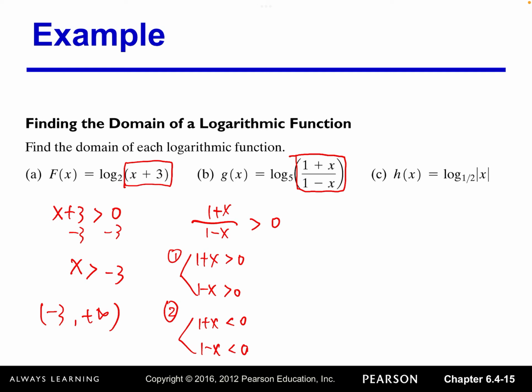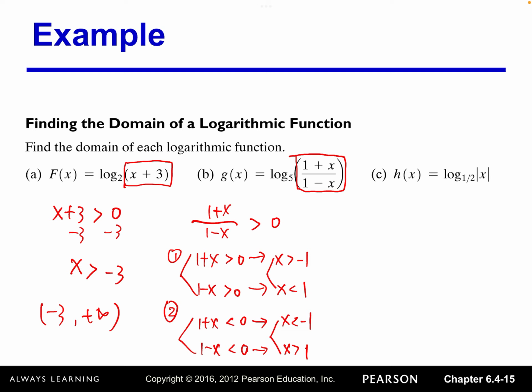We solve this inequality, x greater than -1. We solve this inequality by adding x on both sides, so x less than 1, right? Solving the other pair, x less than -1, and then x greater than 1. Remember, these two are a pair, these two are a pair.